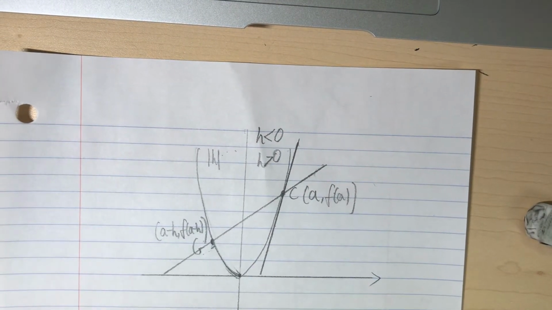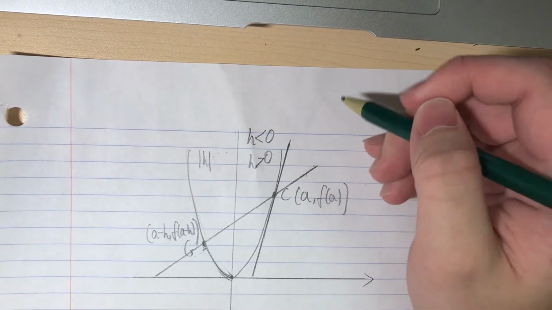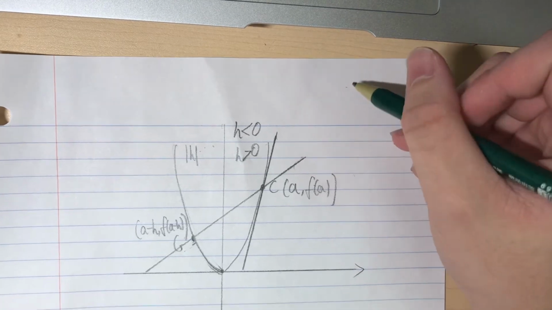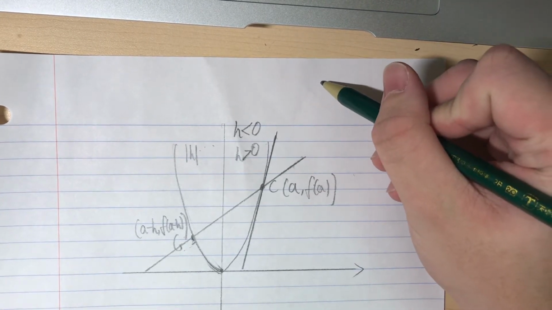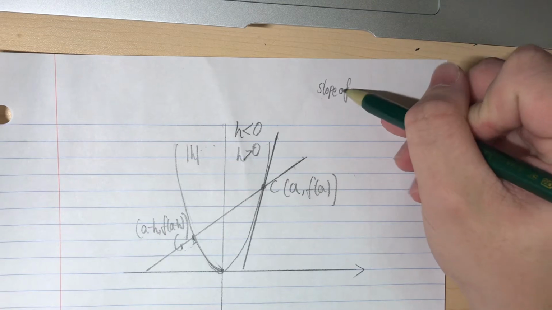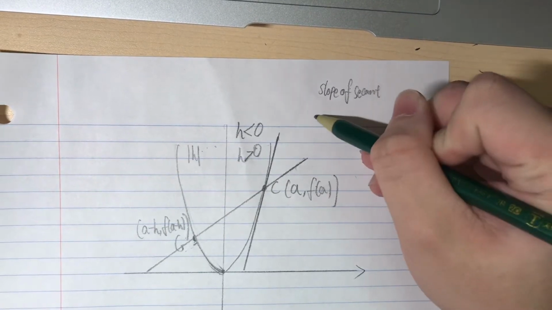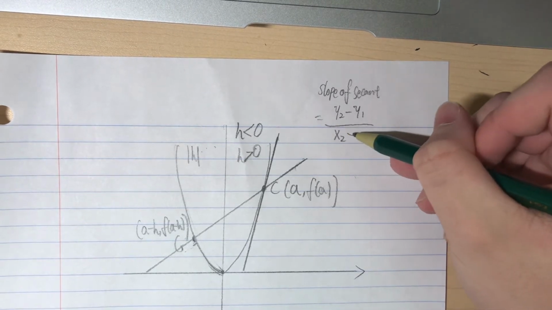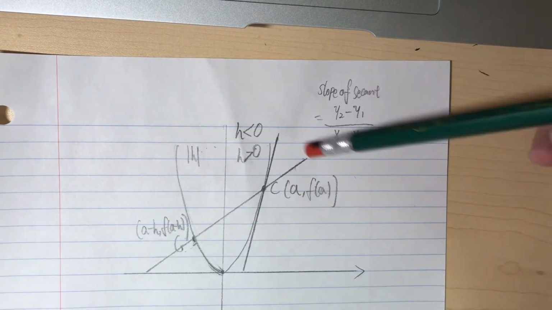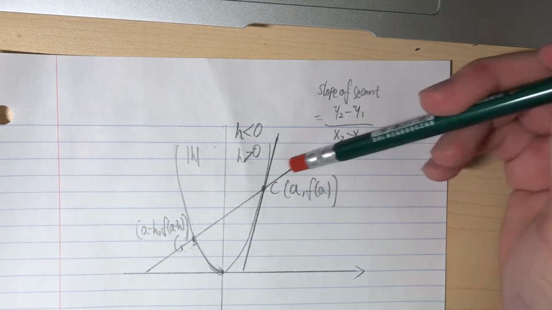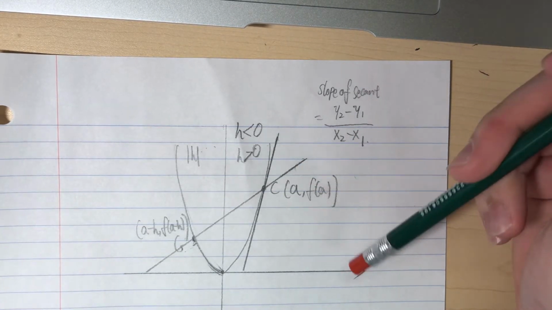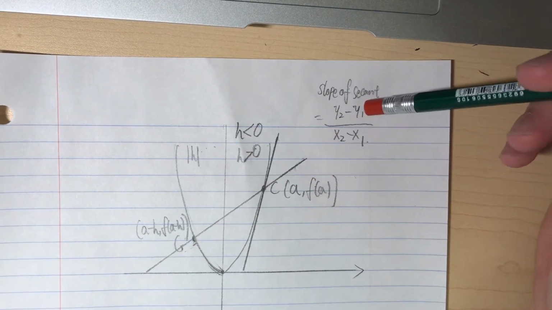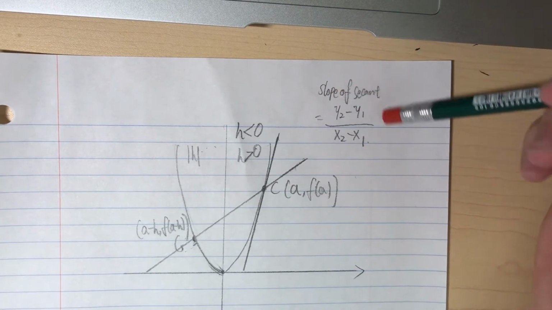Okay, and now we remember that we studied the slope of secant formula before, which is the slope of secant is equal to y2 minus y1 divided by x2 minus x1. And we know all the x values and y values of these two points, so we can put all of these values into the slope of secant formula.